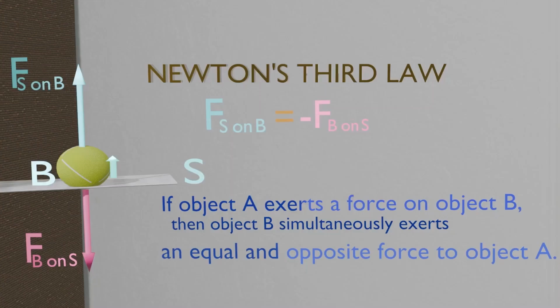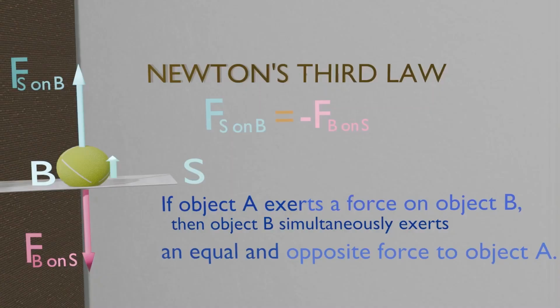So if this is our F of B on S, then F of S on B will have the same magnitude as F of B on S, but in the opposite direction. That is, F of S on B is minus F of B on S.